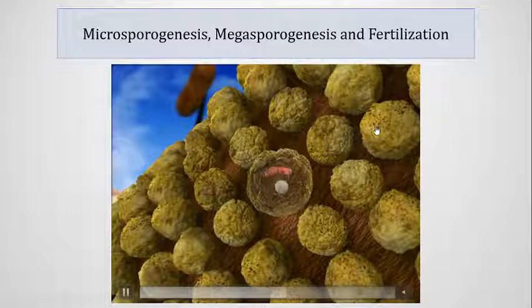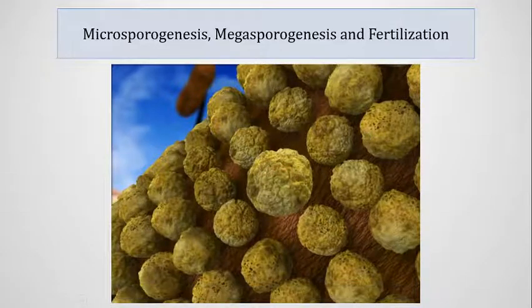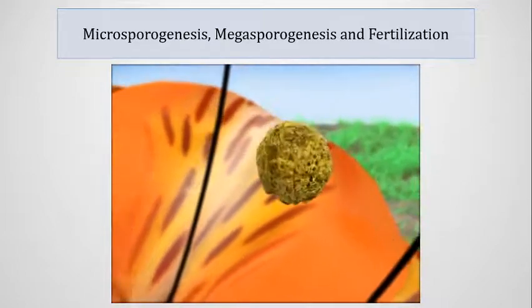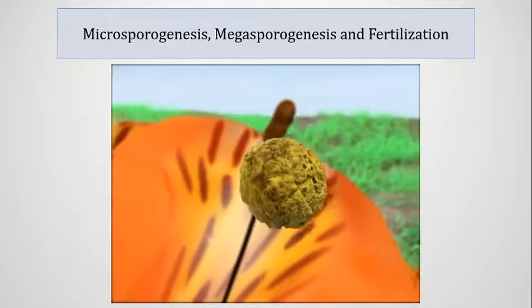So this mature pollen will travel by air or by any insect, and will fall on the stigma of a carpel.